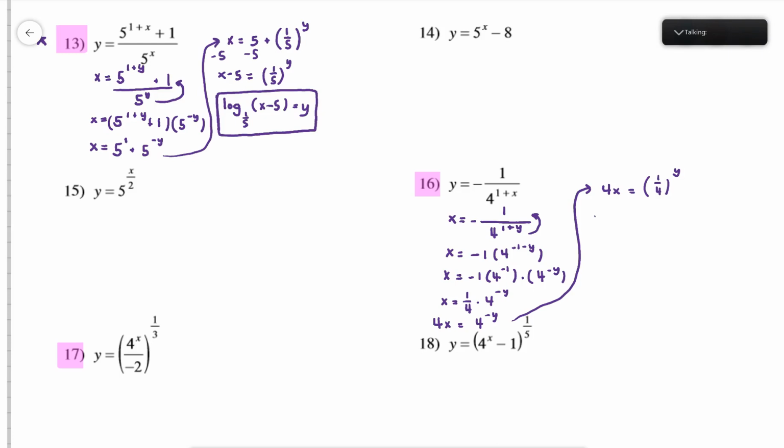And then convert. Log base 1/4 of 4x is equal to y. I'm missing a negative, yep. It should be negative 4x, there we go.